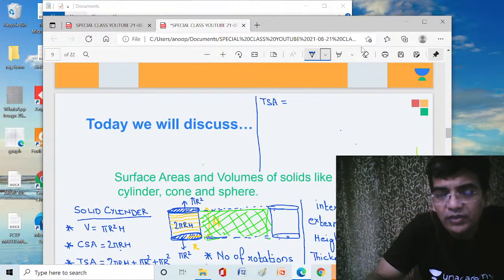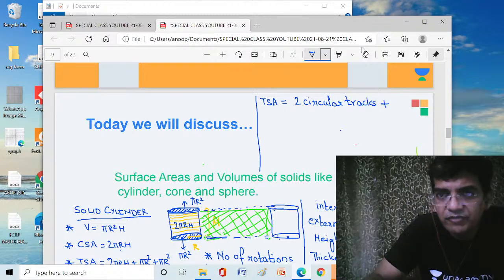It has two circular tracks, plus one, the green one, which is the external curved surface, plus the internal curved surface.